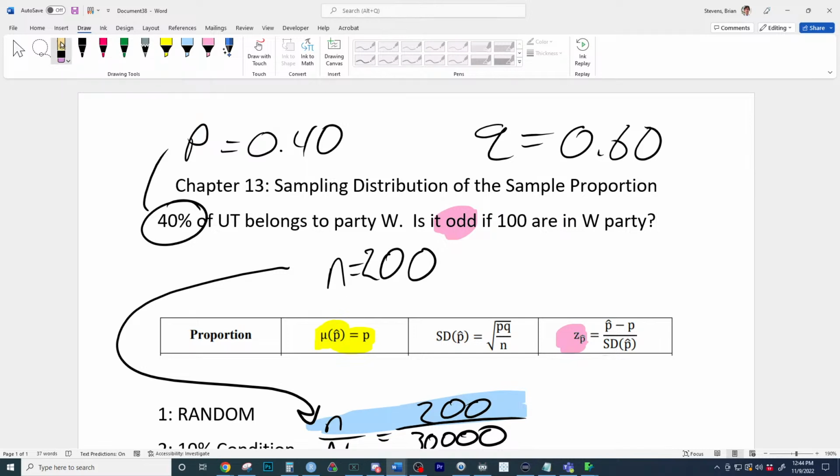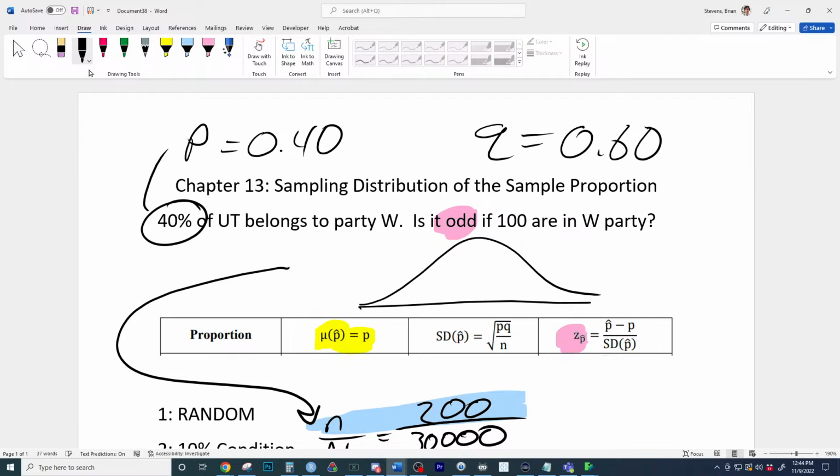So we need to go here and draw the distribution. The distribution will have a mean of what? What will the center of this curve be?